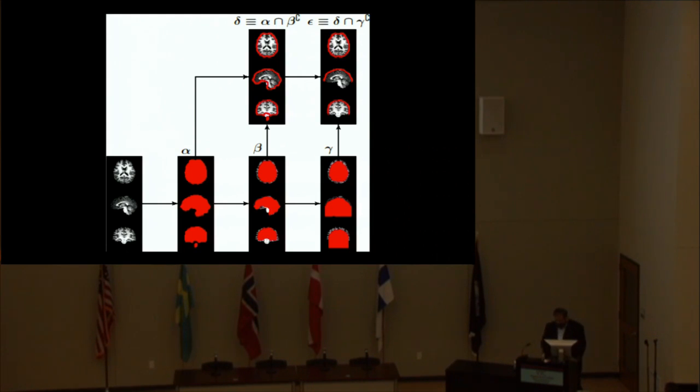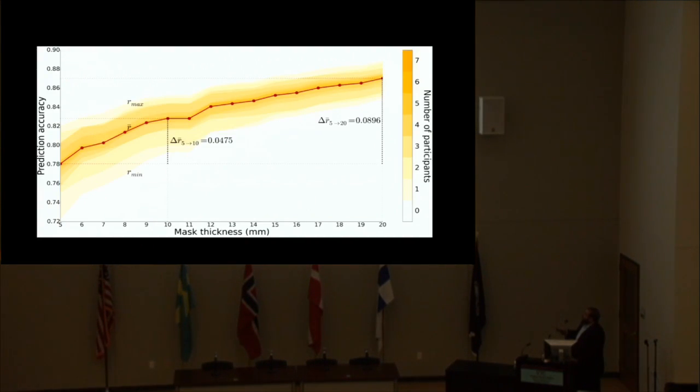And not surprisingly, we have a monotonically increasing ability to predict regions and networks the thicker we make our mask. But for everything I'm going to show in subsequent slides, we picked a thickness of 10 millimeters because that's a fairly good guess at where we could be creating recordings using fNIRS optodes at typical optode spacings and optical flux power.